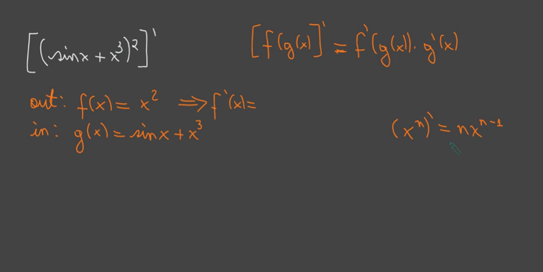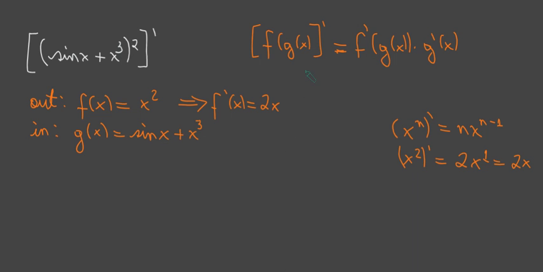So applying this rule here, the derivative of x squared will be bring 2 down, decrease 1 unit in the exponent. x to the 1 is just x, so here is 2x, okay?